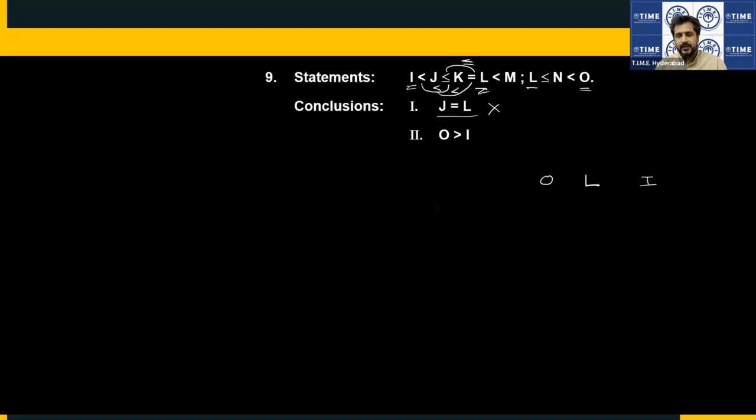So I less than L is as good as L greater than I. O and L relation: less than or equal to less than leads to less than. So L less than O is as good as O greater than L. Now the new relation between O and I: greater than leads to greater than. So O greater than I follows. So only 2 follows. Only 2 follows is choice 2.